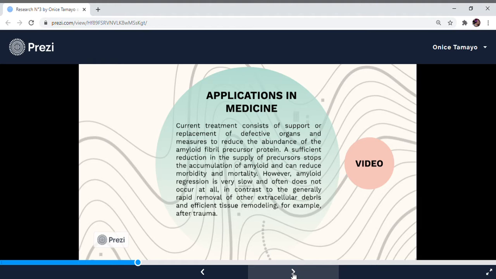However, amyloid regression is very slow and often doesn't occur at all, in contrast to the generally rapid removal of other extracellular debris and efficient tissue remodeling, for example, after trauma.